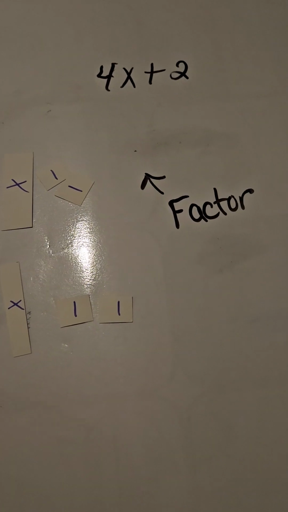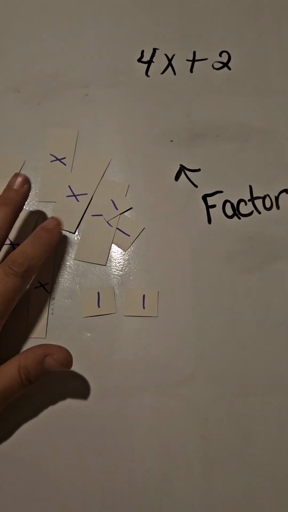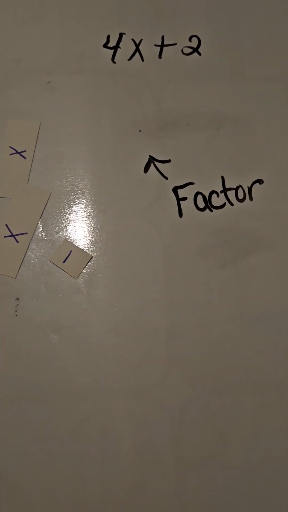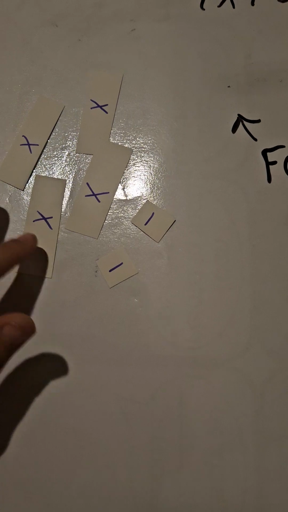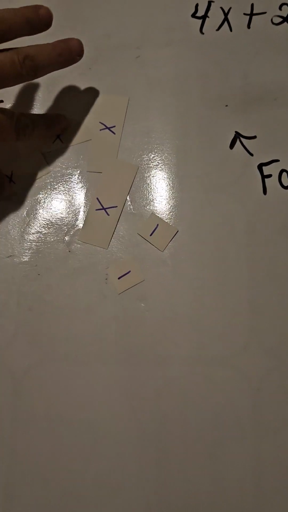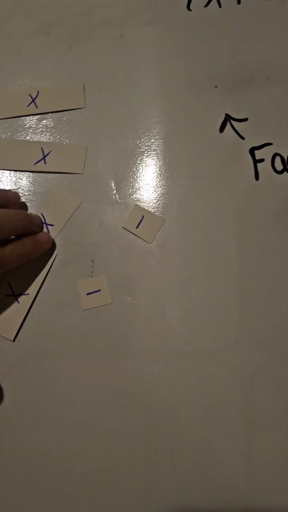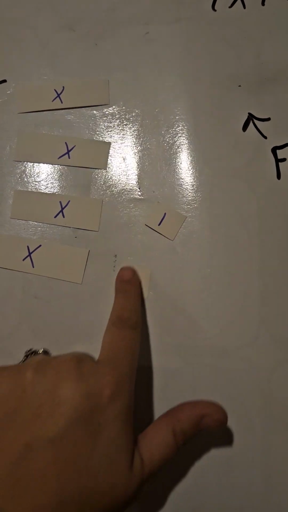So now we're working with 4x plus 2. So we need 4 x's. There's 1, 2, 3, 4, and 2 1's. So if I tried to go ahead and divide this into 4 rows, I can see pretty quickly that it's not going to work because I only have 2 1's.